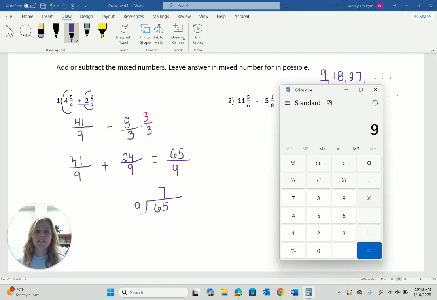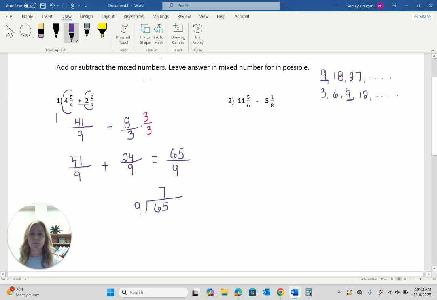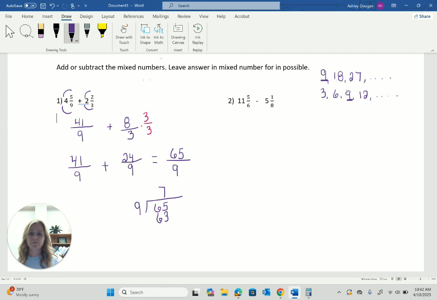You could say 9 times 5, 9 times 8, 9 times 6, until you got something close to 65. So this would just be multiplying by 9 in your calculator. But 9 times 7 is 63. And I would subtract those values and get 2.